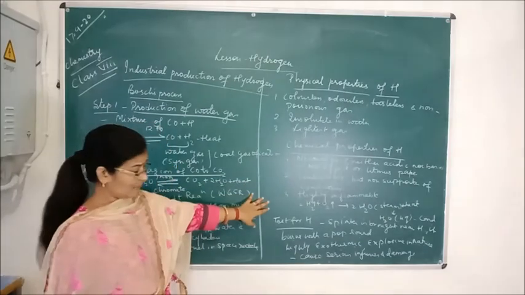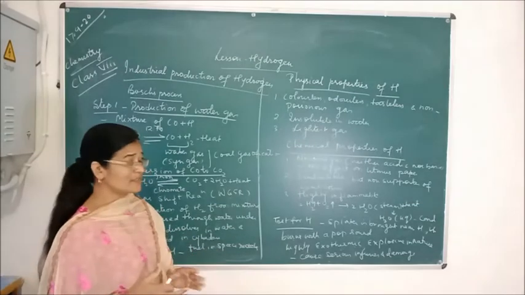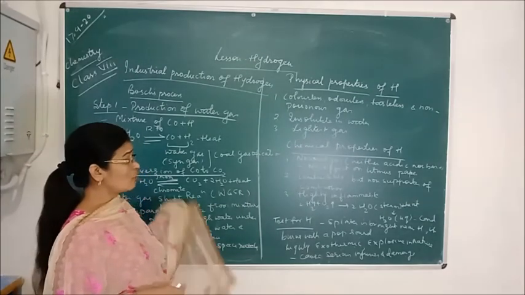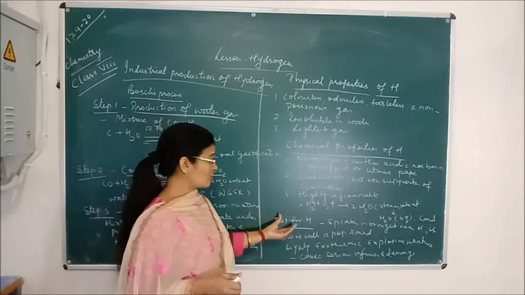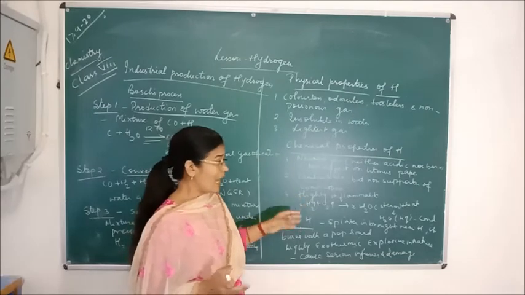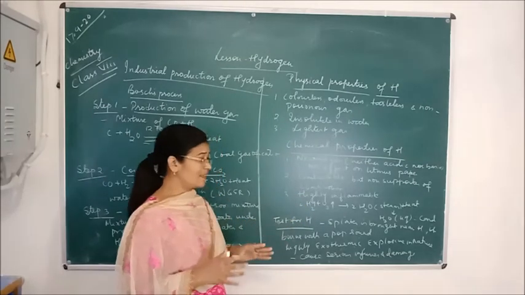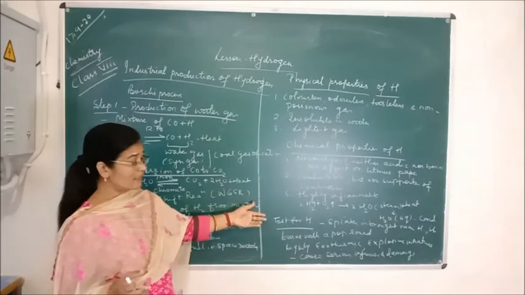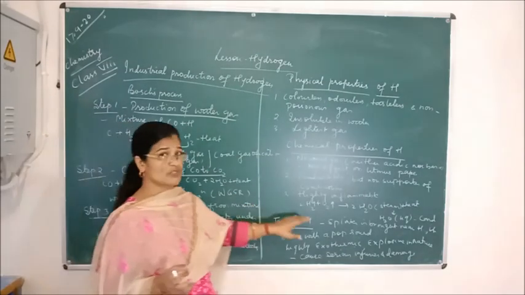And I want to tell you about the test, how to test whether this gas is hydrogen or not. So what we have to do for the test of hydrogen is bring a burning splinter near the hydrogen gas, where the gas is there in the jar or anywhere. When we bring the splinter near it, what happens? It burns with a pop sound.